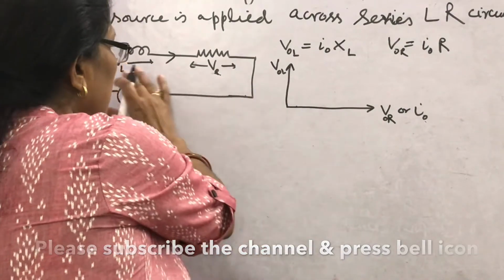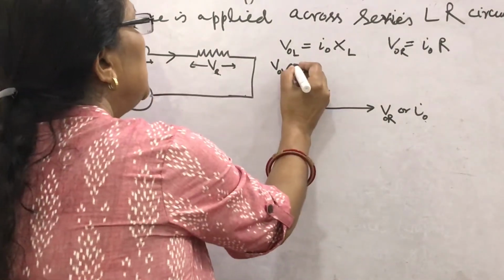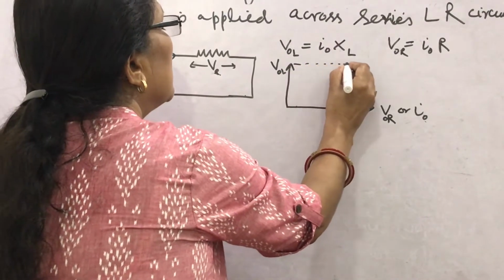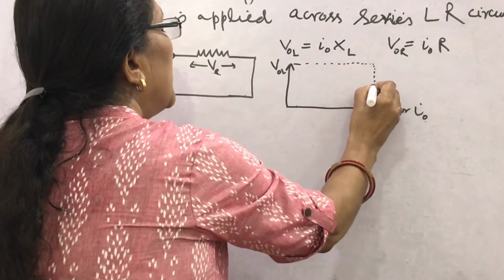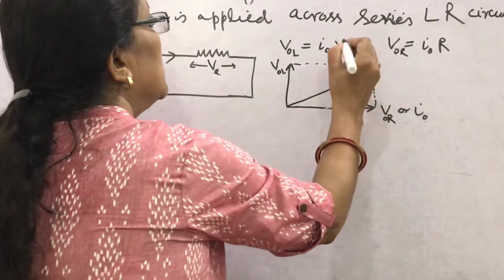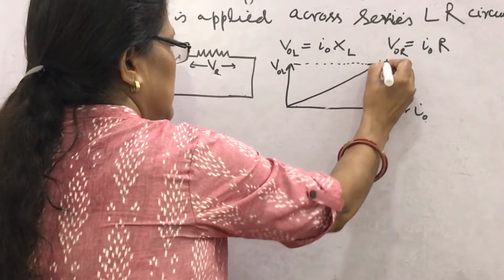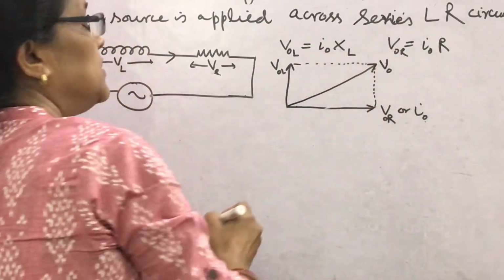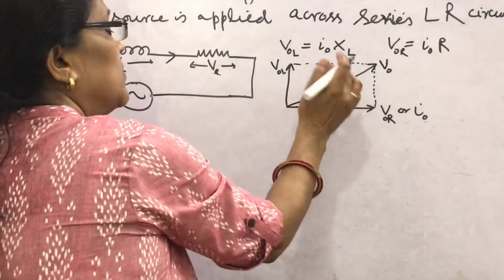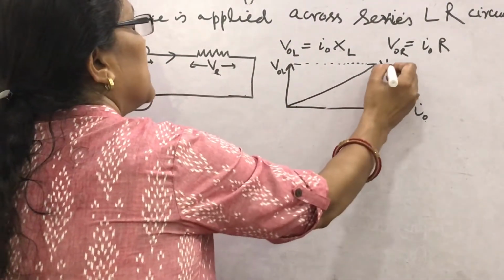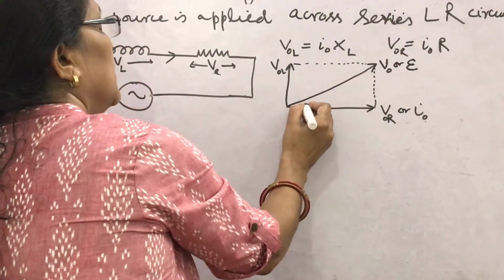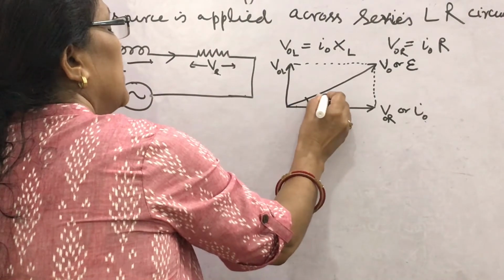But when both are connected in series, what will you find here? The combined or net voltage across this combination, the resultant voltage, we can write here as E, and it makes an angle phi.